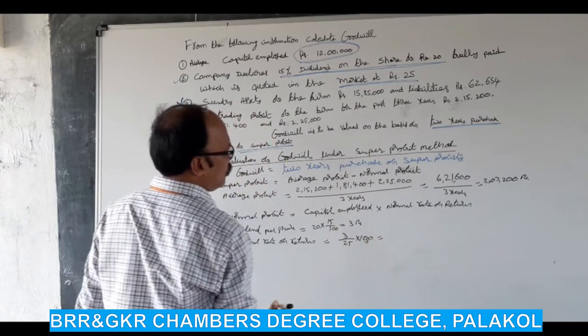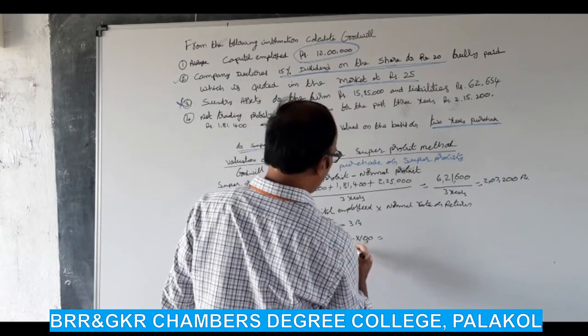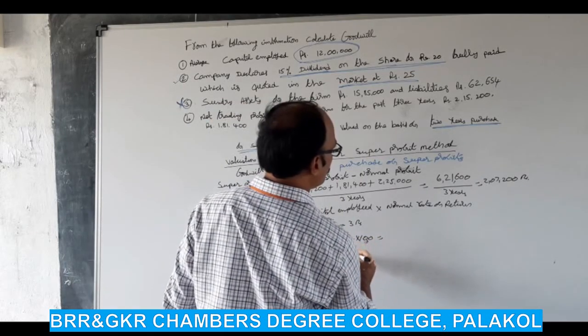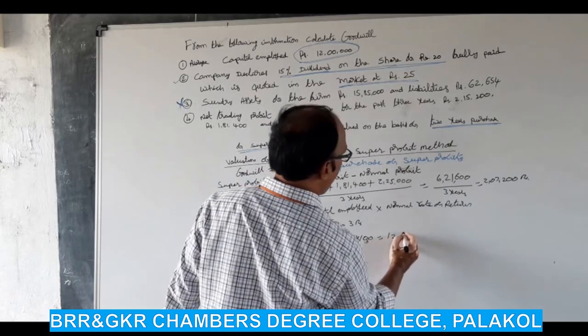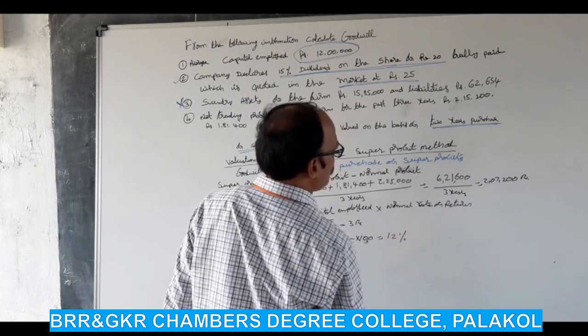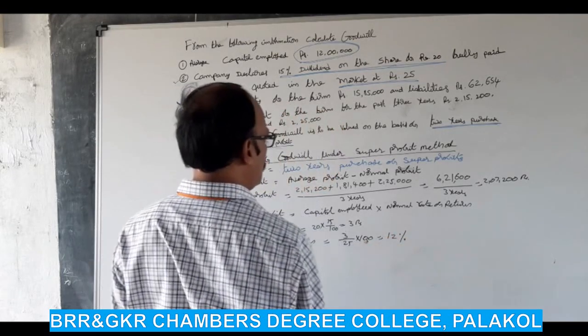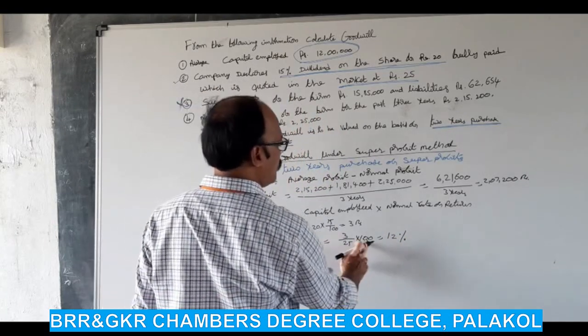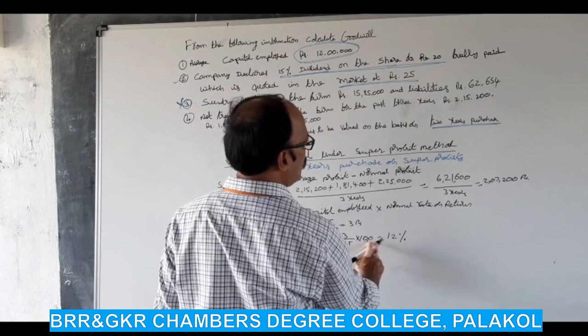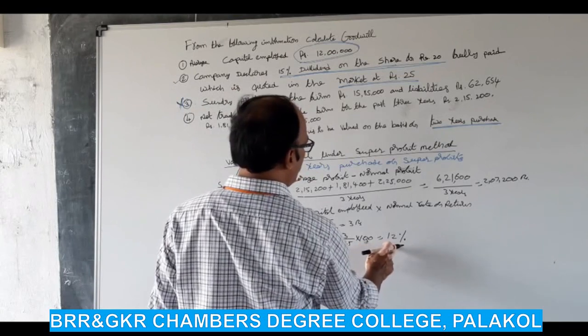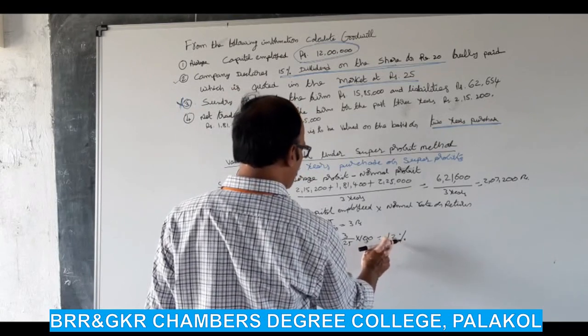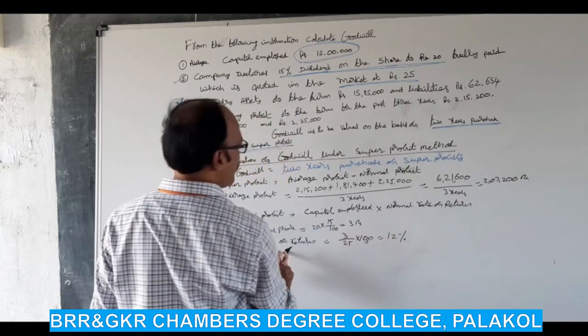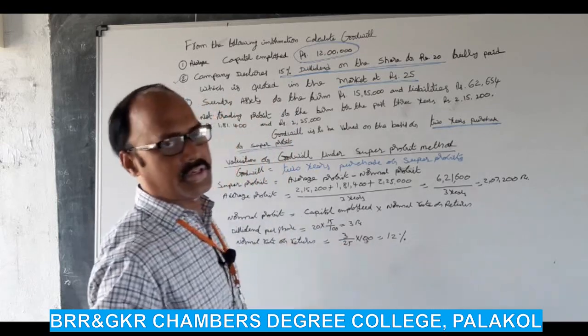That is equal to 12%. 3 by 25 into 100 is 12%. 12% is to be treated as the normal rate of return.